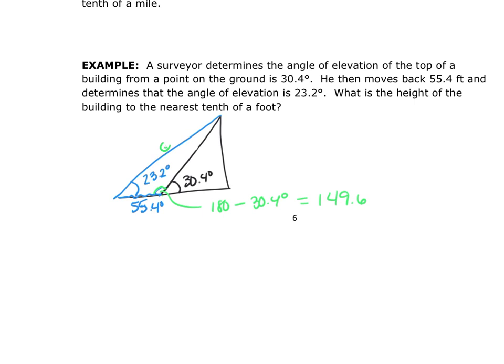So using the law of sines and the law of cosines. Oh, and I probably need to find this angle as well. So now that I've found the gamma, I know that angle is going to be 180 minus the 149.6 minus that 23.2 degrees.